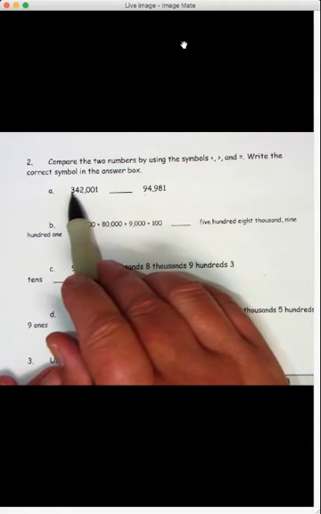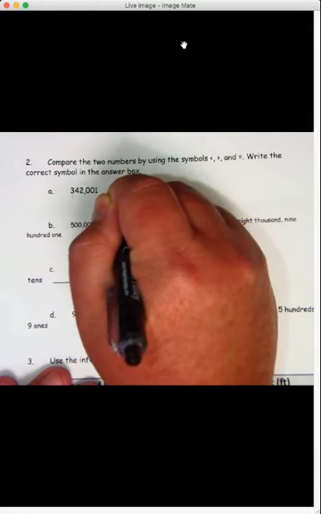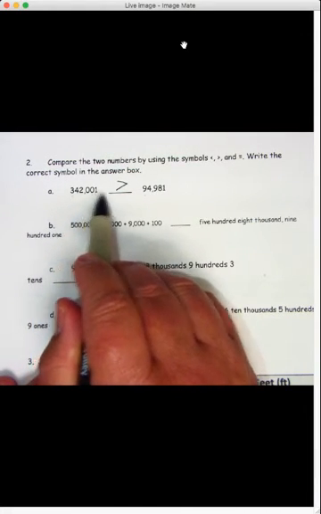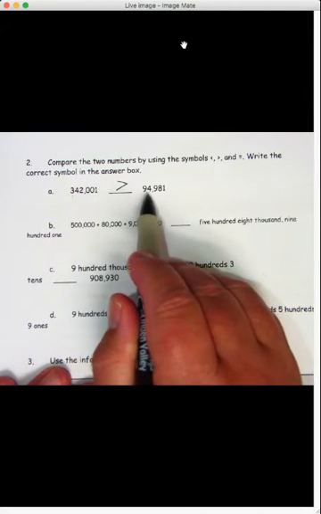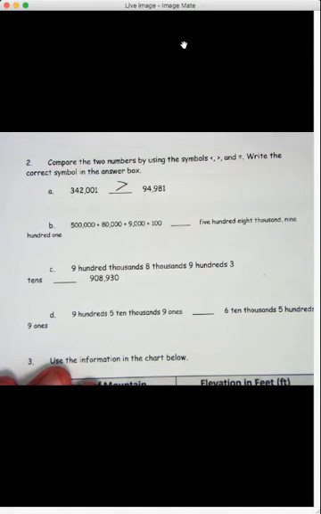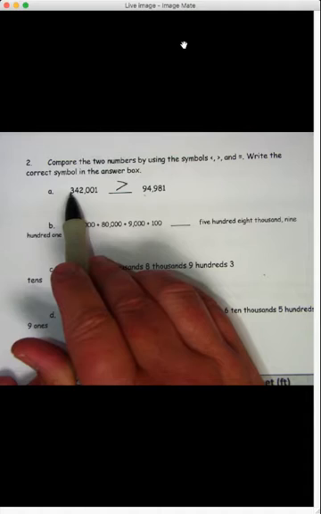So we know this number is bigger. So our equation is going to read 342,001 is greater than 94,981. Are you getting it? You see, we just looked at the place value. This has a higher place value.